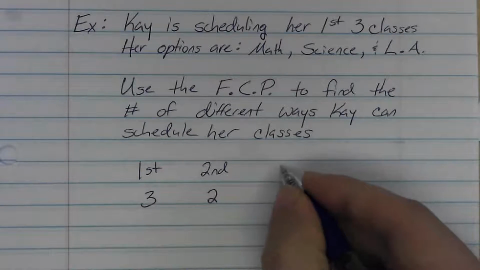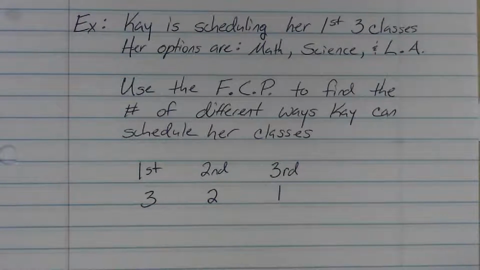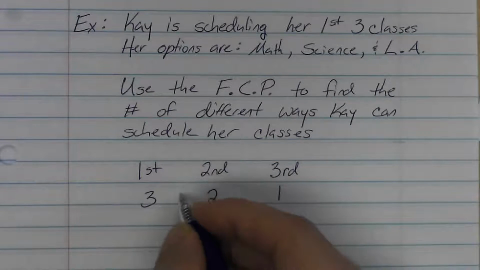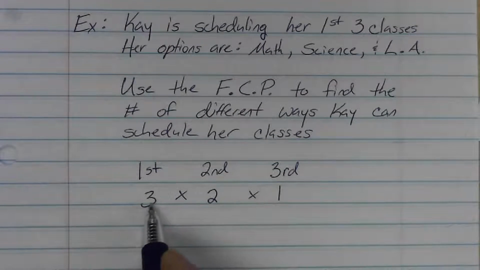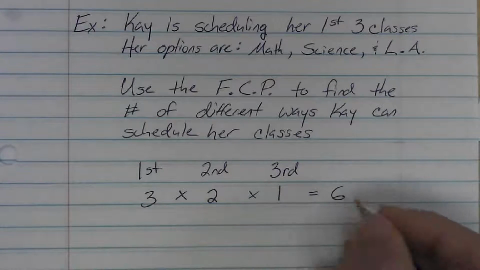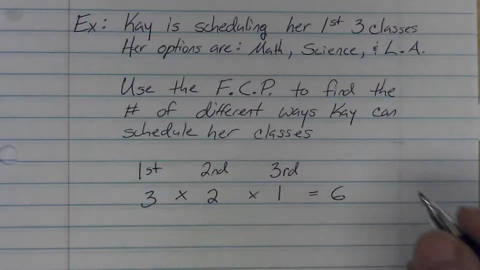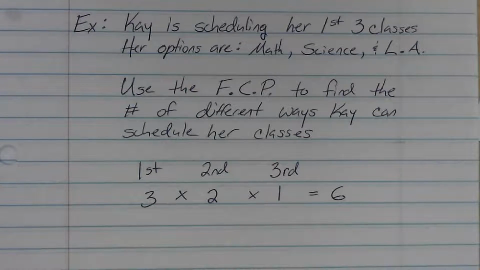So we're going to put a 2 here. Now, once she chooses her second class, for her third class, there's only 1 class left to put in that position. So all we're going to do is multiply these. 3 times 2 is 6, times 1 is still 6, and that means that there's 6 different ways that she can schedule these 3 classes.